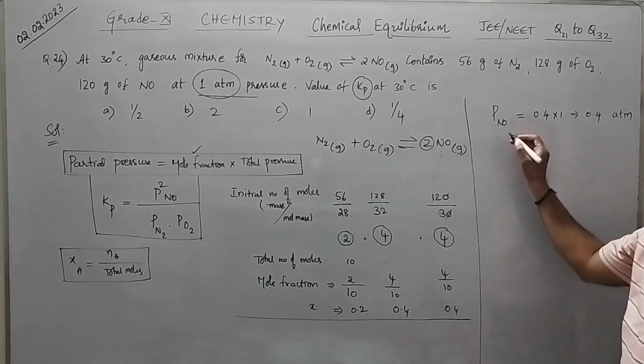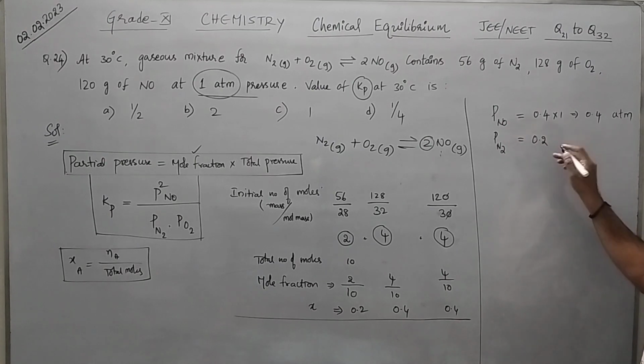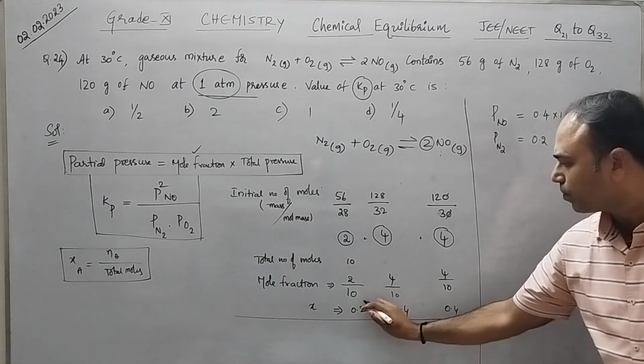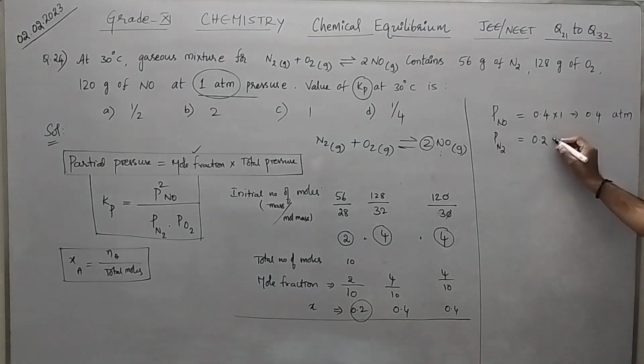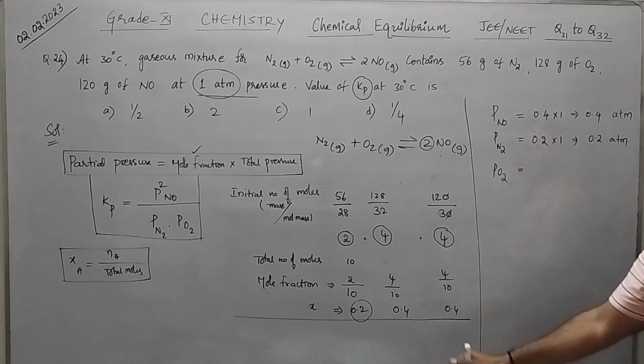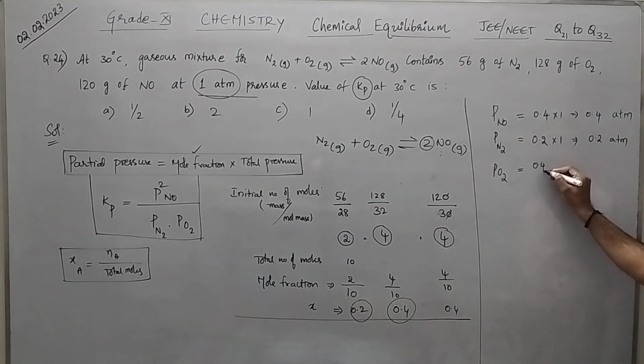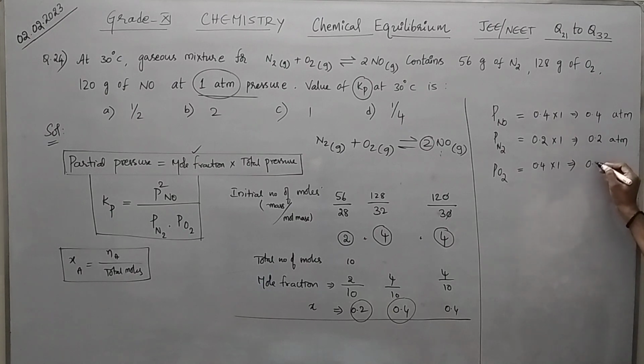Next, the partial pressure of N2: mole fraction is 0.2 into total pressure 1, therefore you get 0.2 atmosphere. Next, the partial pressure of oxygen: mole fraction is 0.4 into total pressure 1, hence you get 0.4 atmosphere.